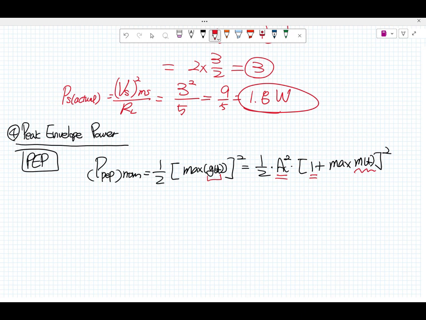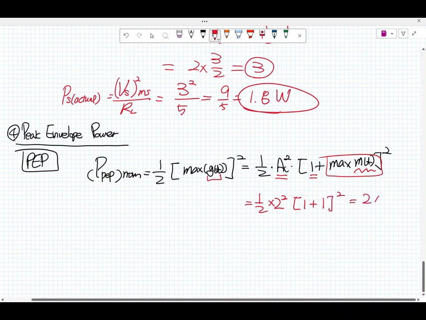That is why the maximum value is only related to m of t, so we have only max right there. 1/2 times 2 squared, 1 plus what is the maximum value of m of t, just like the peak voltage? That was 1 squared, 2 times 4, the 8 watt.